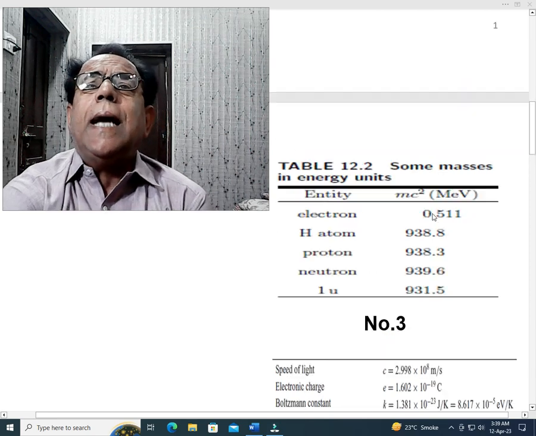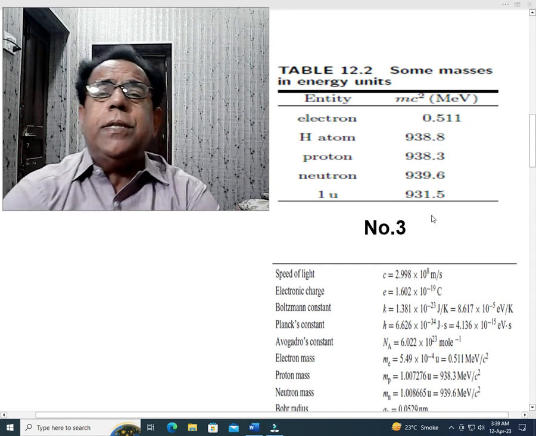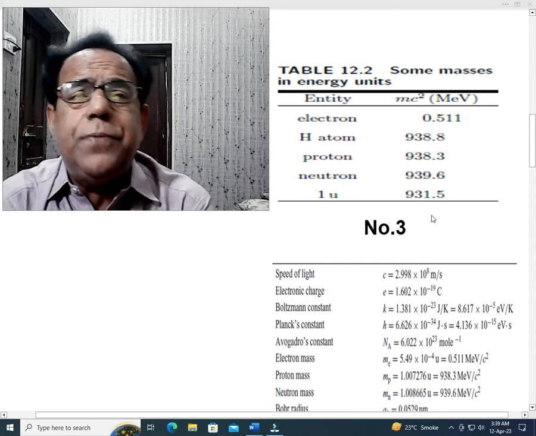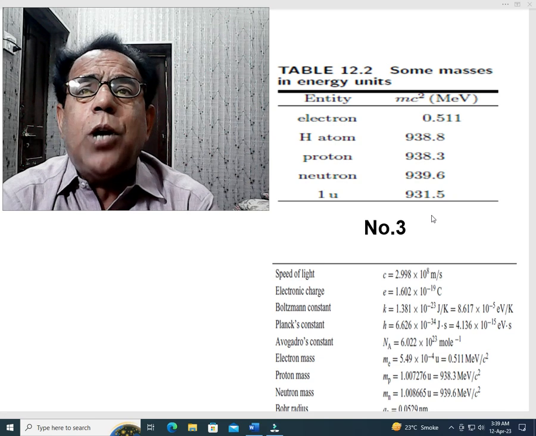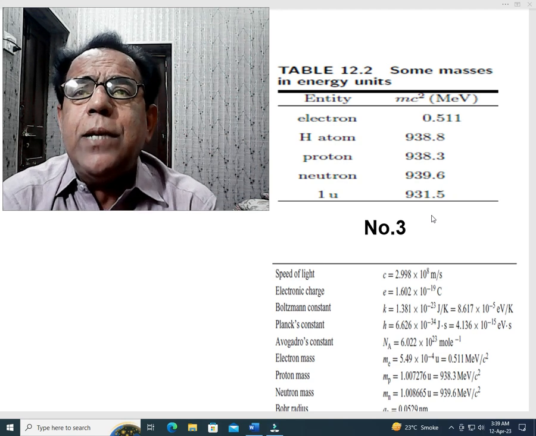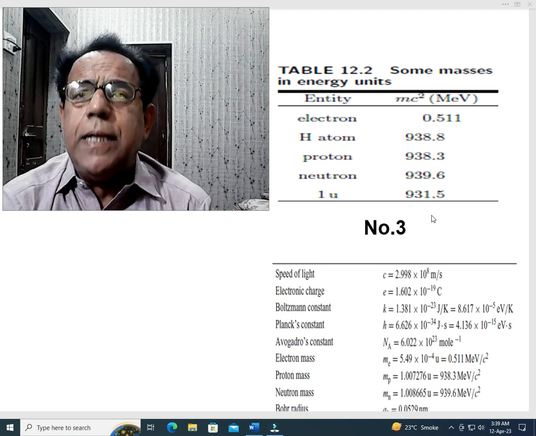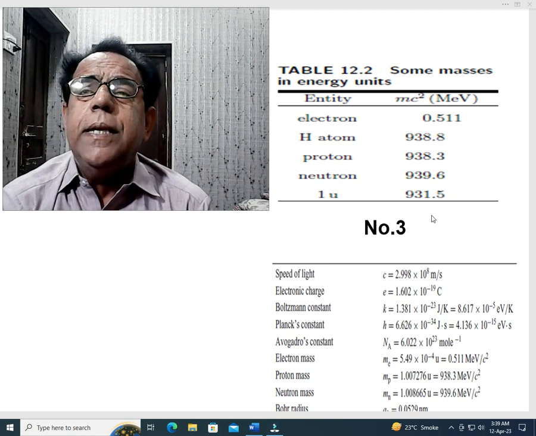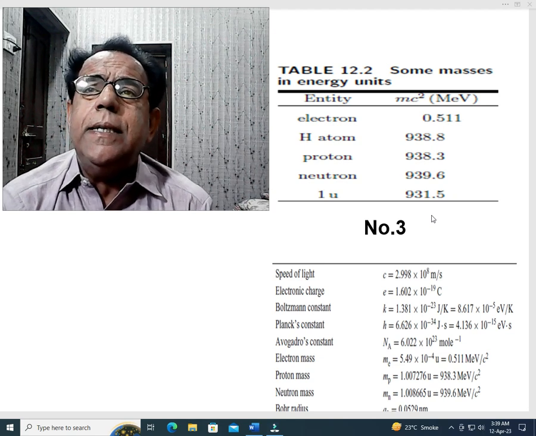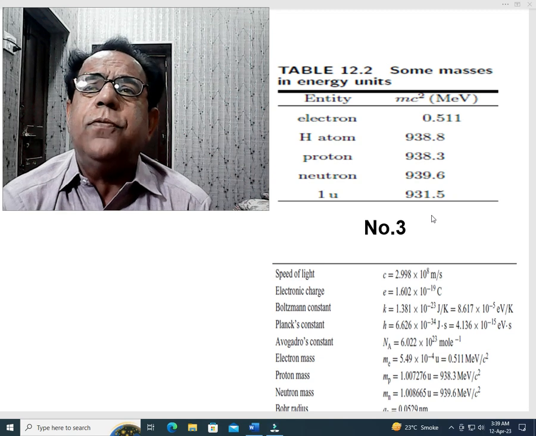Next, tool number 2 has also been used several times in our previous problems. From this table we will use the value for the electron, that is in place of mc square we will use 0.511 million electron volt, or if we want to convert it into electron volt, then 511,000 electron volt.